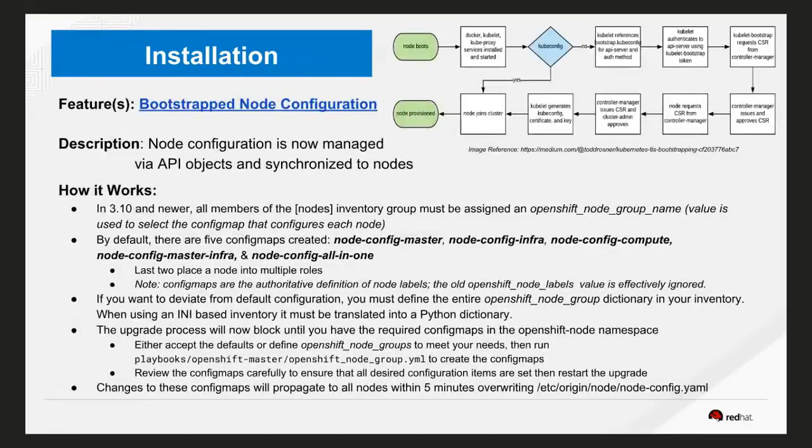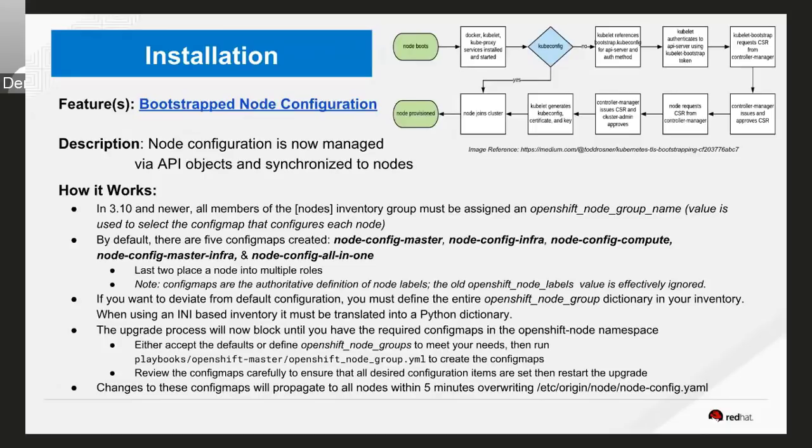There were also significant changes in the 3.10 release around how nodes are configured. In the past, people may have been familiar with the node config YAML file that you would edit, and then Ansible would push out into each individual compute node in your cluster. When the node agent would start up, it would read that config and locally know how to run the node agent.